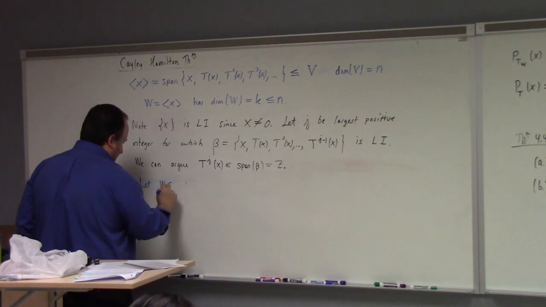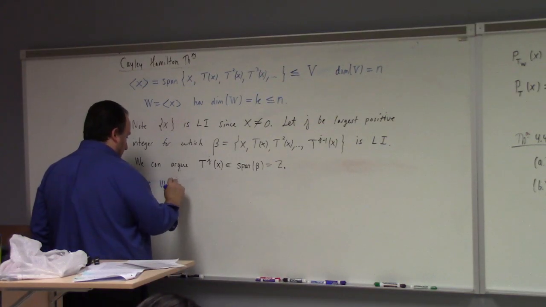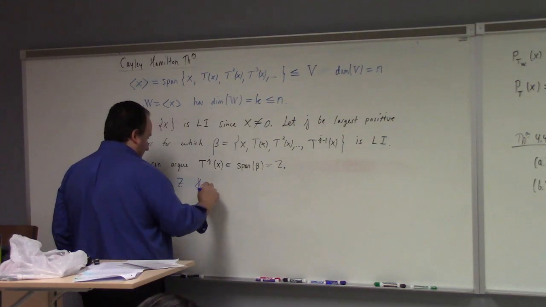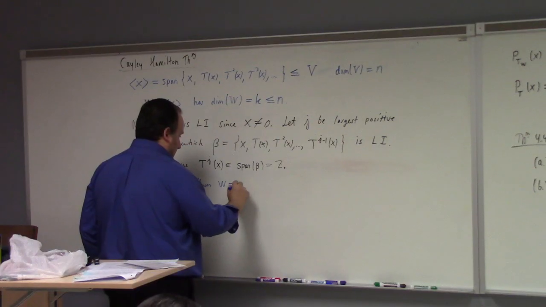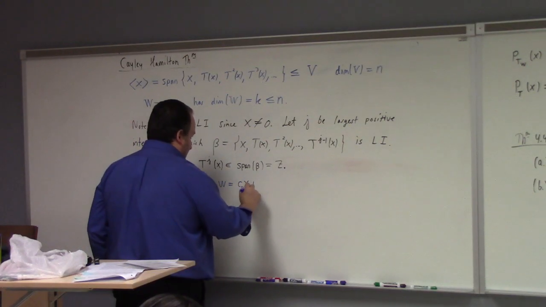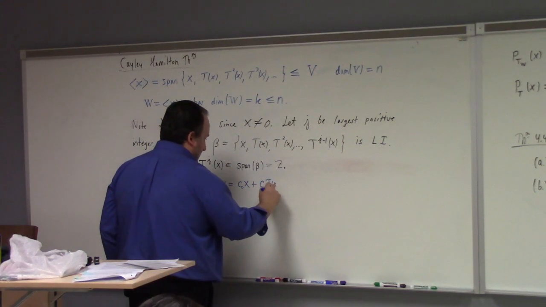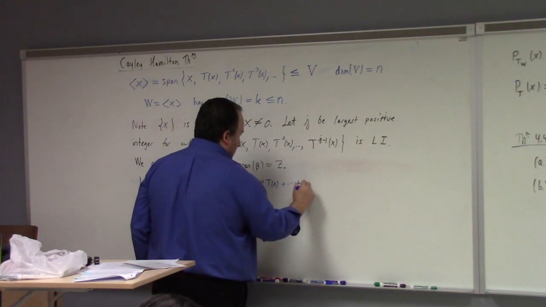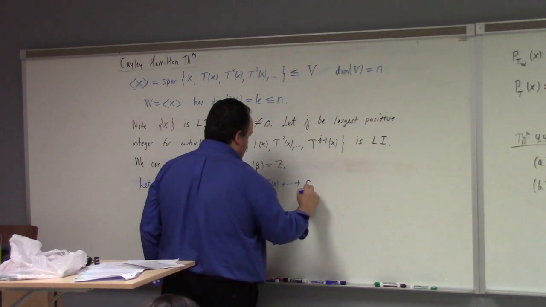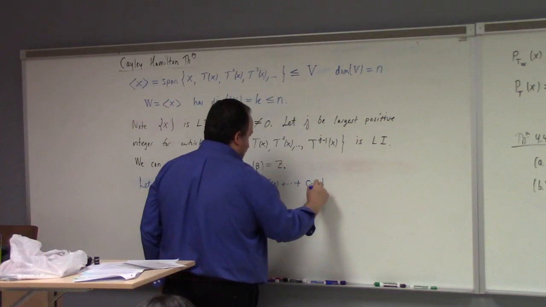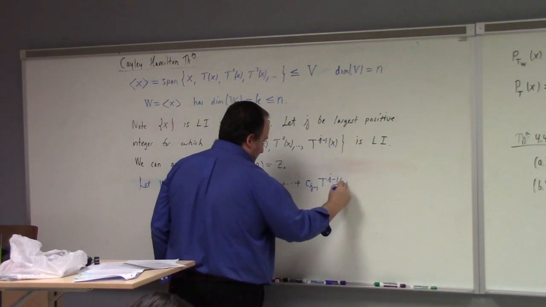Let W be an element of Z, right? And then W is equal to C0 x plus C1 T of x plus dot dot dot plus C_(j-1) T^(j-1) of x. All right, great.